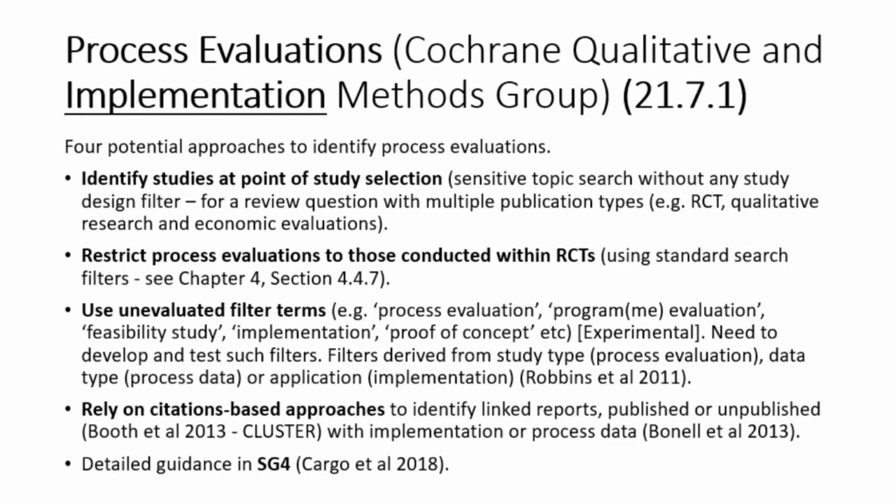So when you retrieve an RCT, the process evaluation will be retrieved if the trial is an important part of it. To use unevaluated filter terms. Again, these are just suggested terms: process evaluation, program evaluation, feasibility study, etc. And to use citation-based approaches, which we've already said are important in the context of qualitative and implementation research. And we expand on that in our supplementary guidance article in Journal of Clinical Epidemiology.